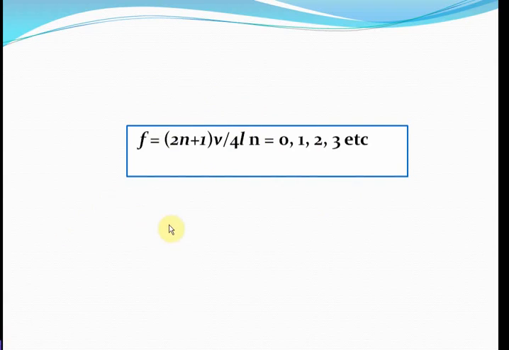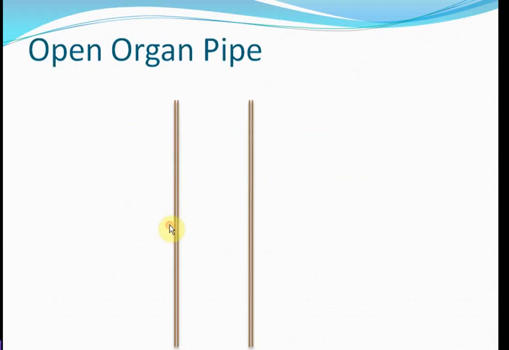Here it is. What will be the conditions in this case? Are there any limiting conditions which will limit the number of frequencies in an open organ pipe? Well, yes. We already know that at any open end, the change in pressure has to be 0, because the pressure will be equal to the atmospheric pressure.